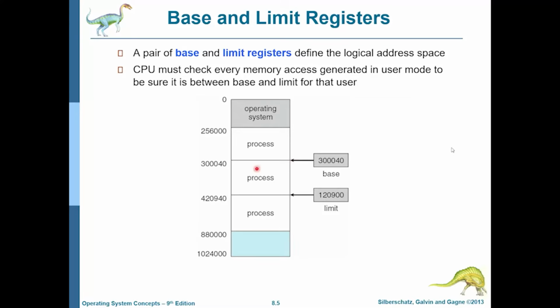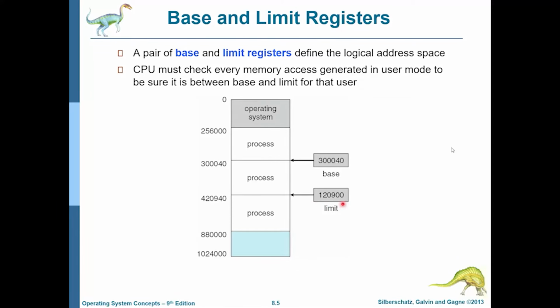Each process begins at a certain memory location, and that is given by a base register, and there is a limit until which it can keep accessing, reading or writing memory in that area. So here for this process, as an example, the base is 300040 and the limit is 120900.